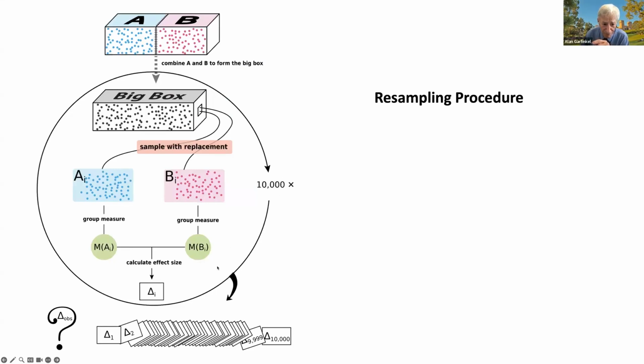This is going to take 2 minutes on a laptop, except if it's a fast laptop, in which case it takes about 30 seconds. So now we have 10,000 estimates of how big a difference would arise between these two groups using these measures if there were no difference, if we're just randomly sampling from the same universe.